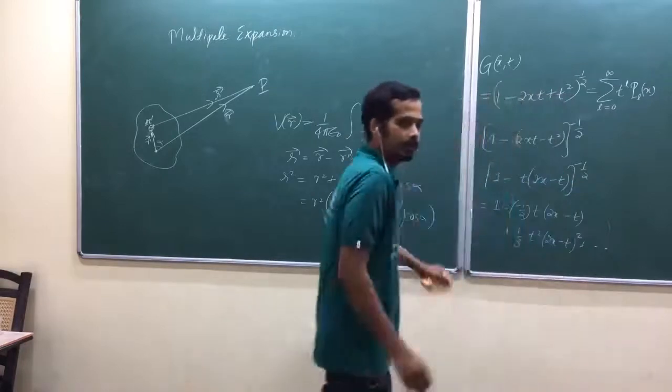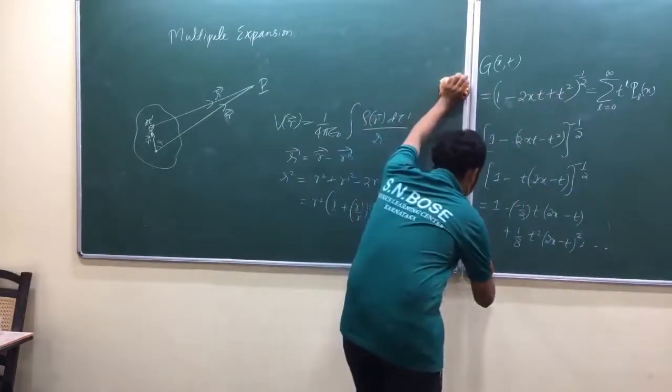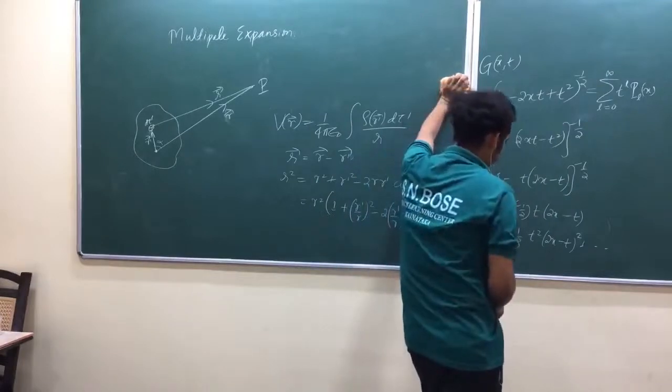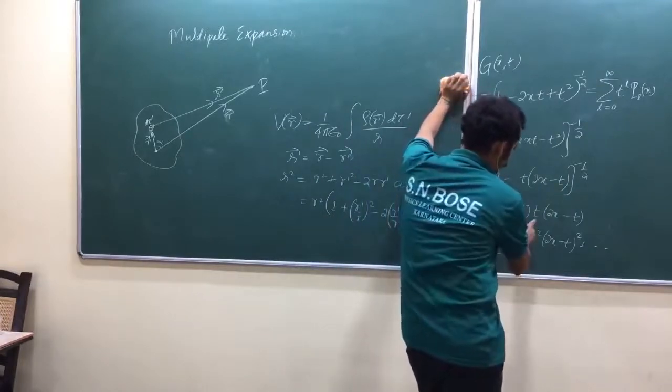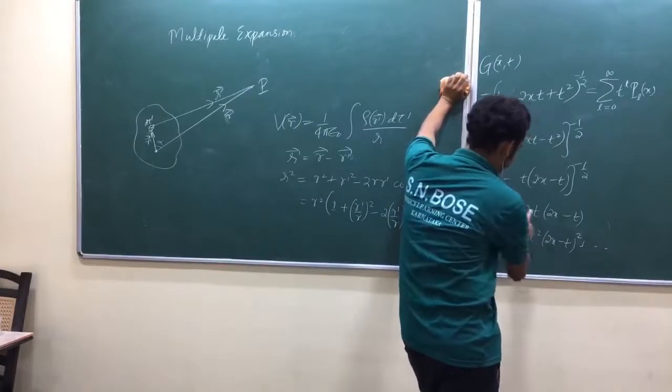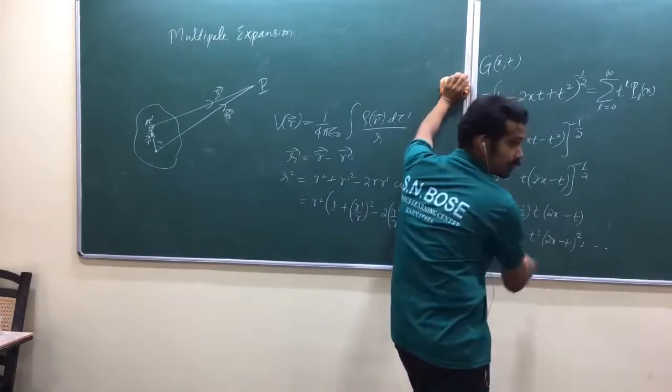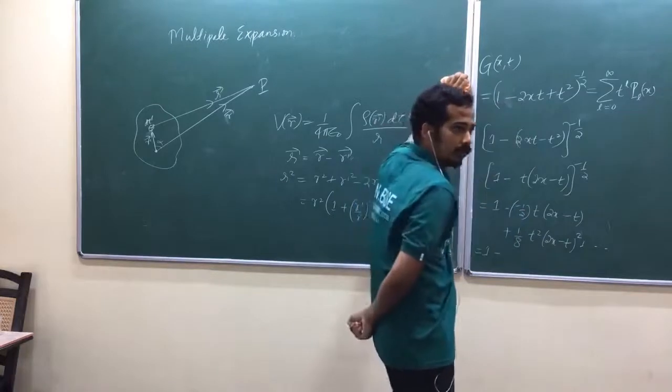Am I right? When you do that, what you would get here is 1 minus 2xt here. Here also you will get 2xt somewhere. No?